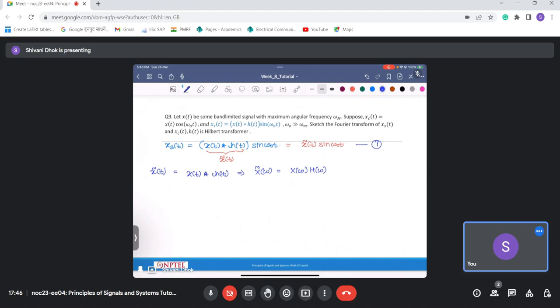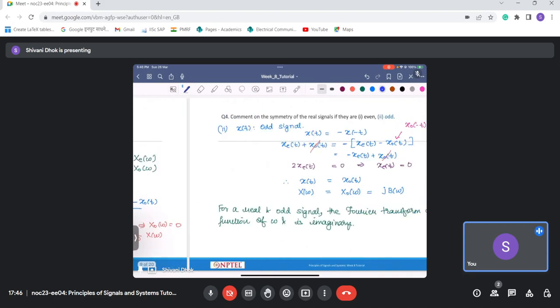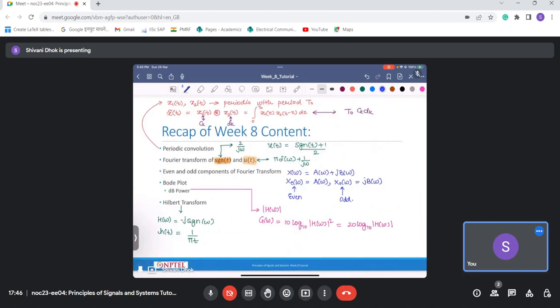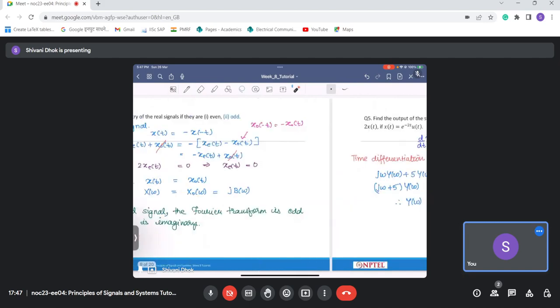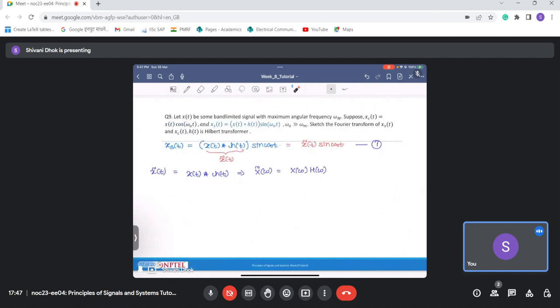Now note that this H(omega) is basically the Hilbert transform, and we had seen in our initial discussion that this Hilbert transform has a Fourier transform something like this. So H(omega) is basically minus j sign omega.